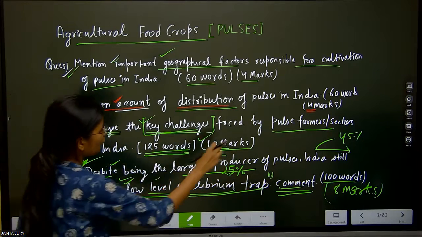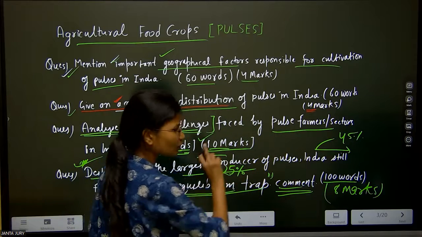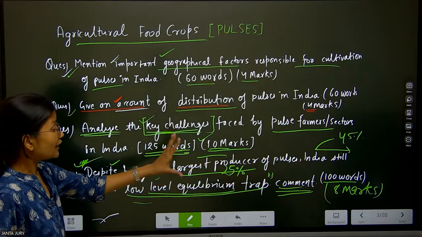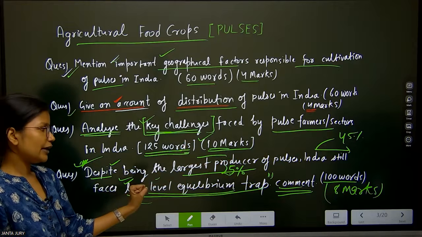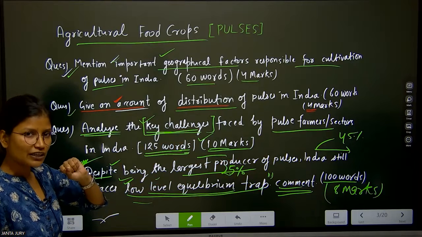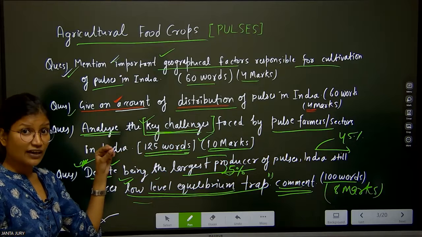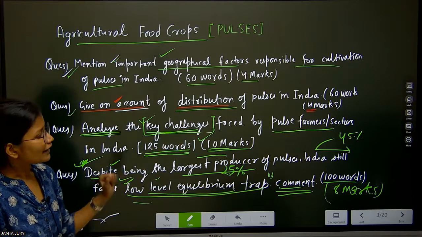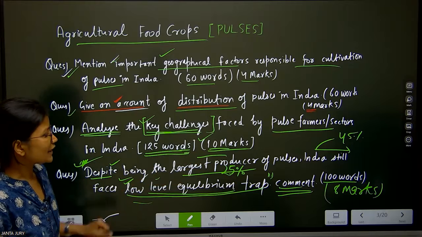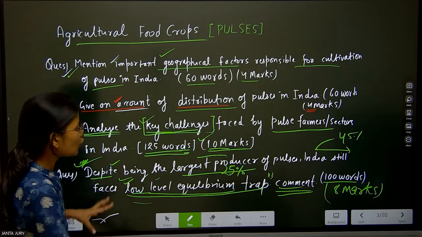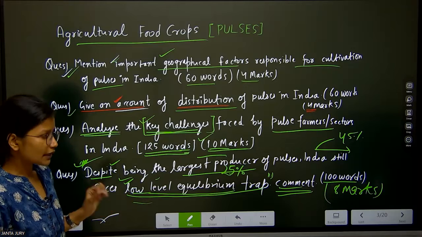So largest producer of pulse, India is still facing the low-level equilibrium trap. India is a country with the largest farmer population. India is a country where agriculture is one of the most important activities. Then why is the pulses sector having this problem of low-level equilibrium trap?